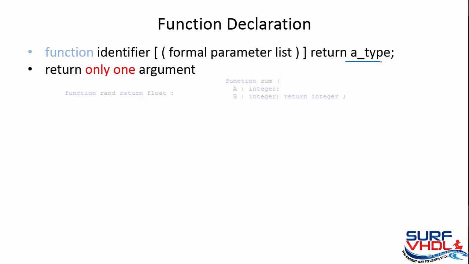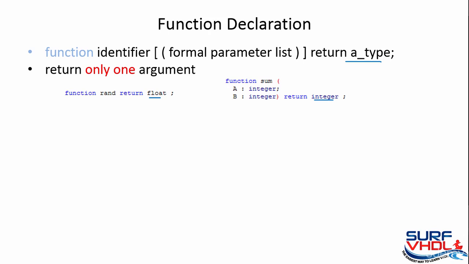In this case, rand returns float, function sum returns integer. A function is usually called within an assignment statement and expressions. It can return only one argument. Instead, a procedure can return more than one argument, and its call is used as statement itself.